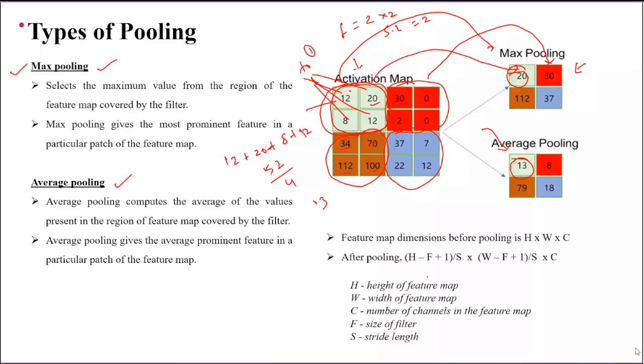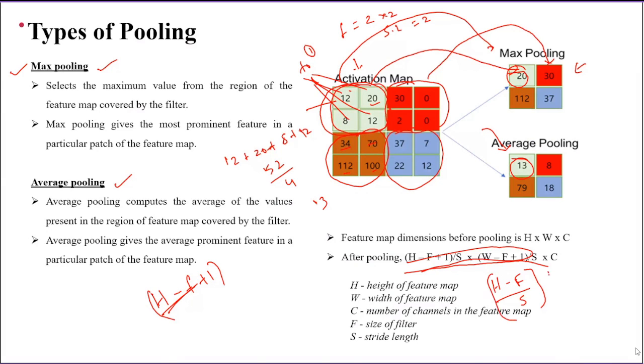In general, we can use the formula h minus f plus 1, which we can write as (h minus f) divided by s, plus 1.